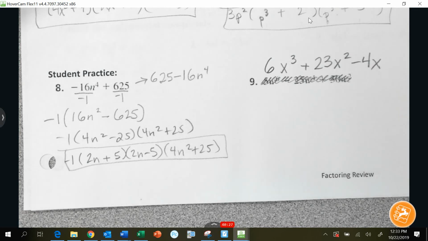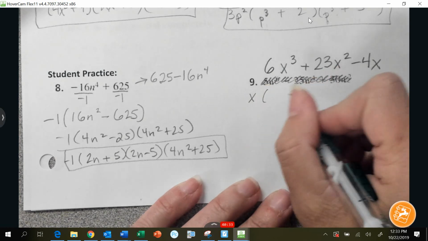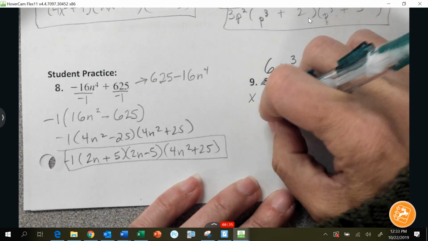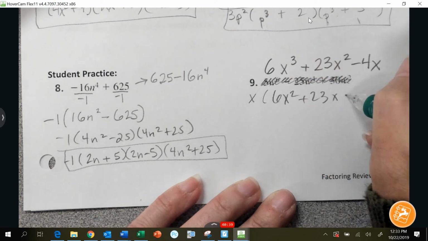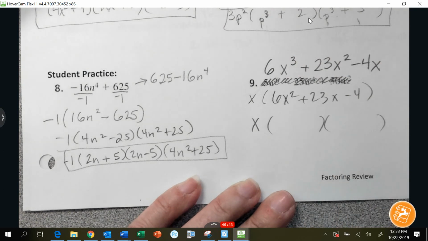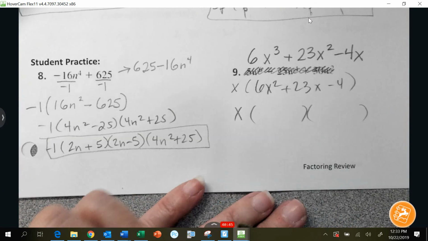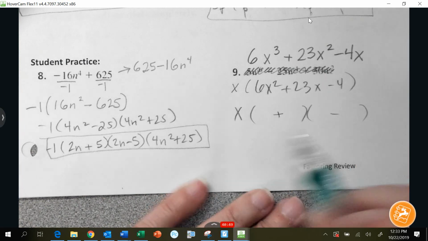You're trying to do it without having to erase. You're trying to do it because you don't want to erase. This is what I should see going on your paper, right? There's got to be one positive and one negative.